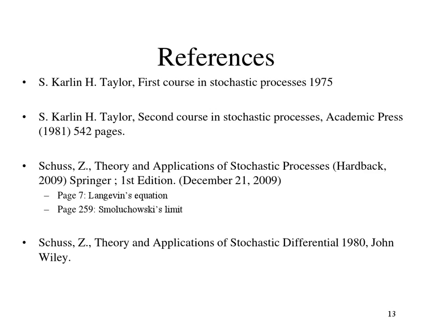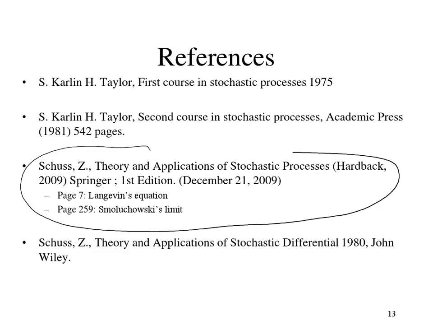Before that, let me just give you some references. The first analysis, a possible analysis for the Smoluchowski limit, is done in the book of Schuss, page 7 for the Langevin equation, and 259 for the Smoluchowski limit, which uses the asymptotics in gamma of the Fokker-Planck equation.